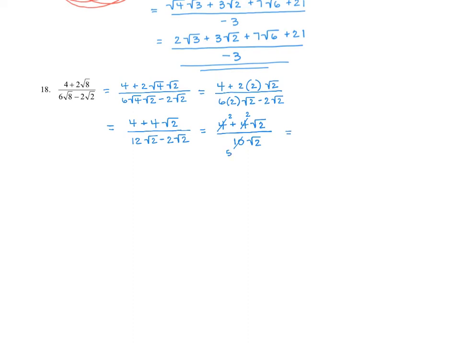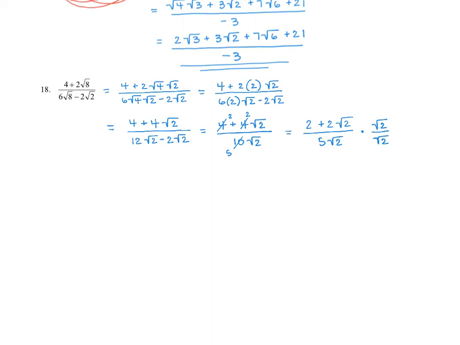So before I have to do anything with this problem, I can simplify it all the way down to 2 plus 2 rad 2 over 5 rad 2. And now the only thing I need to do to simplify further is multiply both the numerator and the denominator by rad 2.